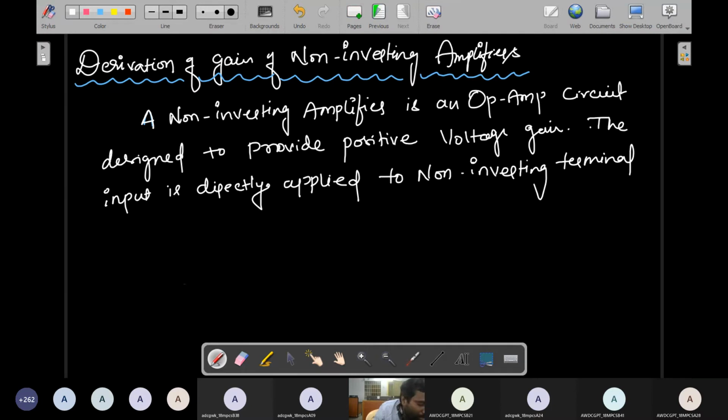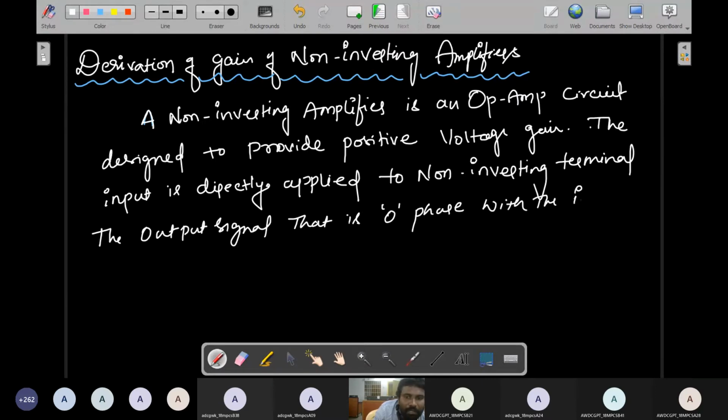The output signal is zero phase with the input signal. So a non-inverting amplifier is an operational amplifier circuit designed to provide a positive voltage gain, and it always produces a positive voltage gain.